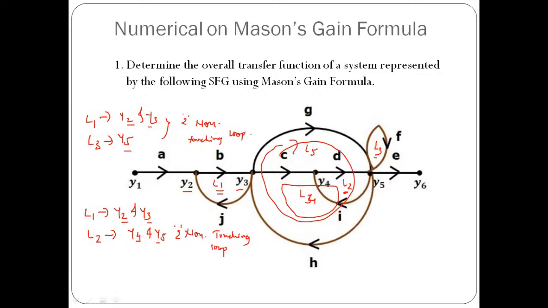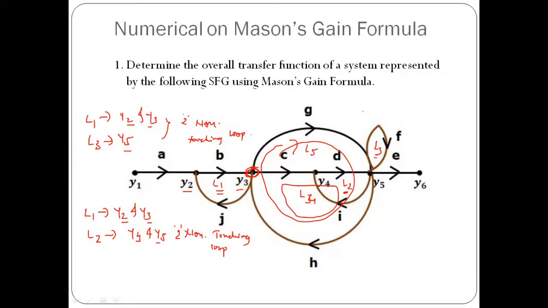The way I'm identifying whether they are touching loops or non-touching loops is very important. In the same way, if you see loop number 1 and loop number 4, they are going to be a pair of touching loops. So we don't need to identify pairs of touching loops. We need to identify pairs of non-touching loops. It may be 2, it may be 3, it may be 4, or it may be anything. So if you see loop number 1 and loop number 4, they have a common node in between them, and that node is 3.